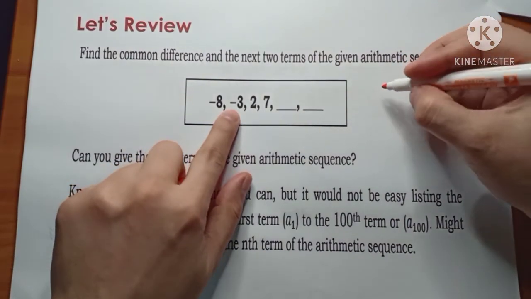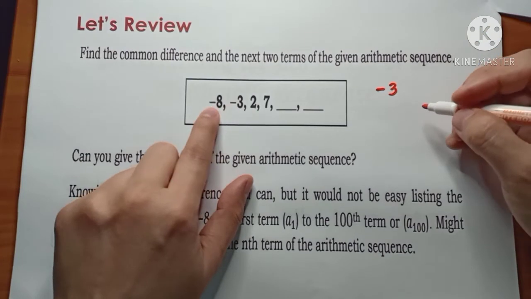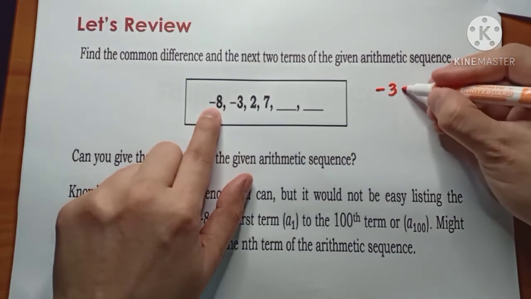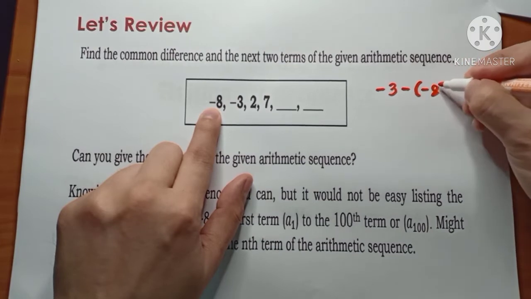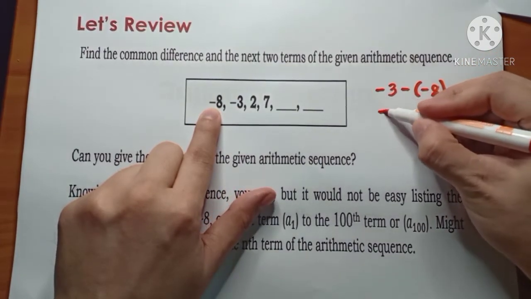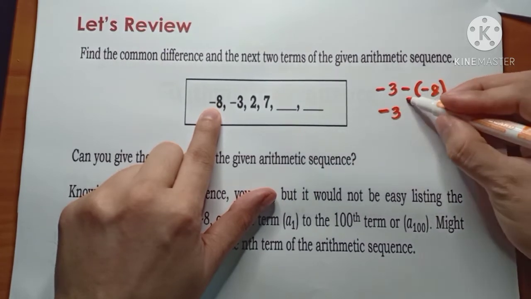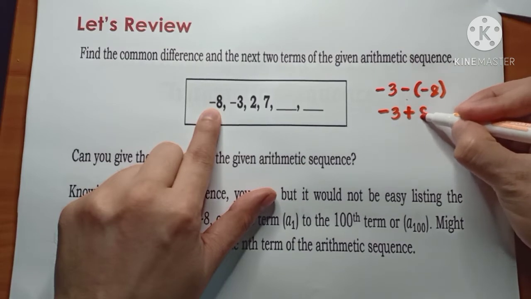So dito, for example, we have -3 minus -8. So therefore, it will become -3, then negative and negative becomes positive, and then 8.